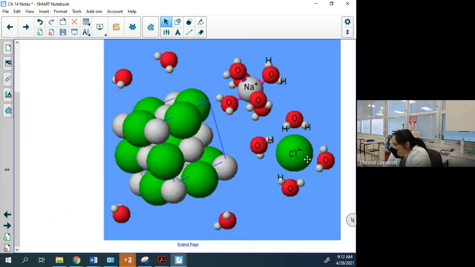The negative ion is going to get surrounded by the positive end of the water molecule. And what ends up happening is this water just keeps pulling these ions away because the attraction of the ion to the water is greater than the attraction of this ion to this ion. And over time, all of these ions get surrounded by water.